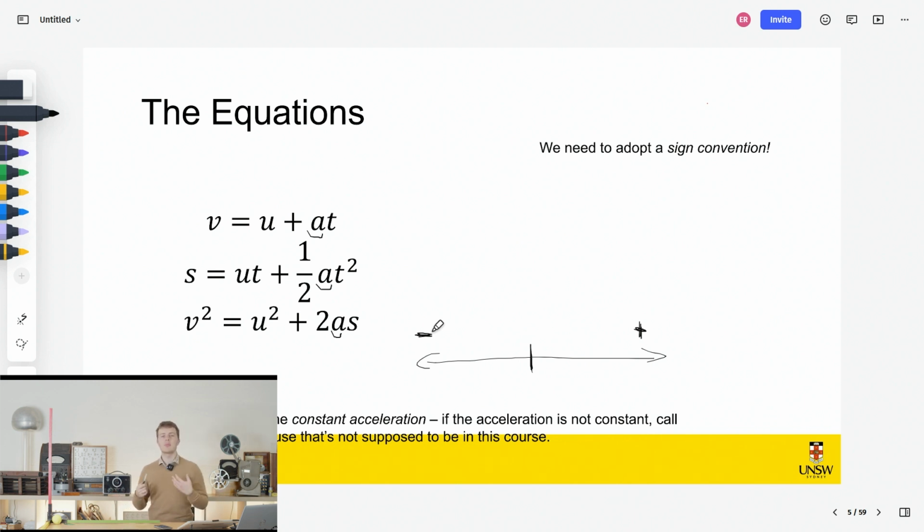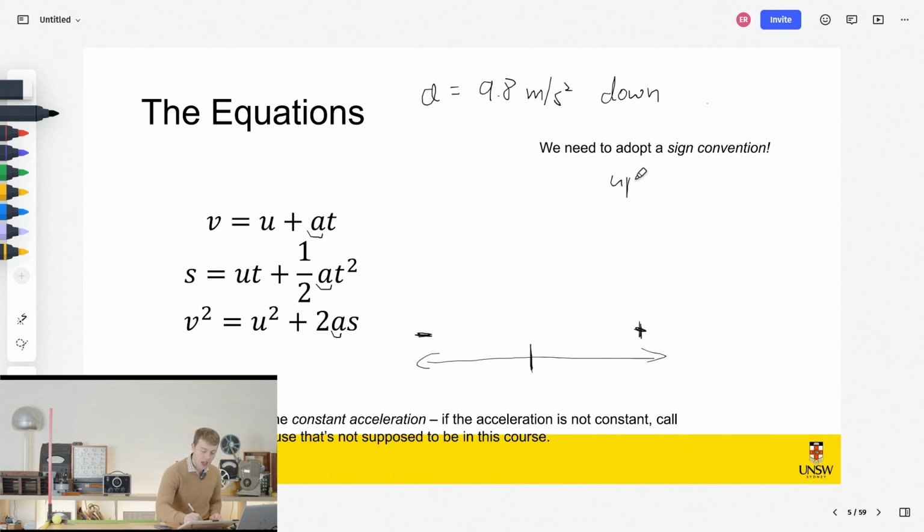And what this is going to mean is that the positive and the negative in front of a number will tell us the direction. For example, let's say that acceleration A is 9.8 meters per second squared down, right? Well, we could adopt a sign convention that says up is positive and down is negative.